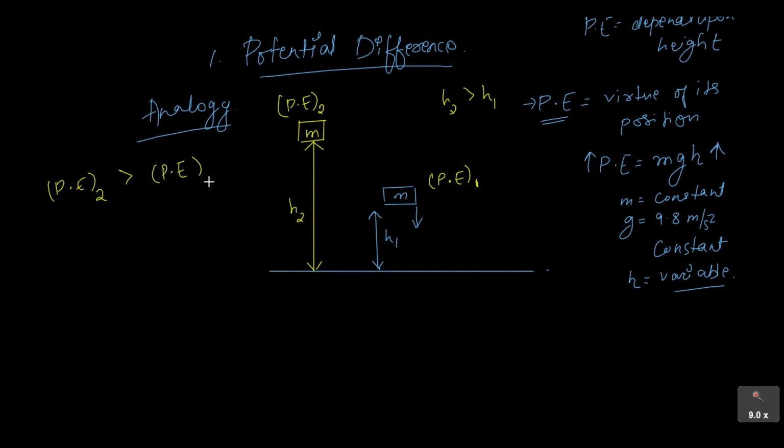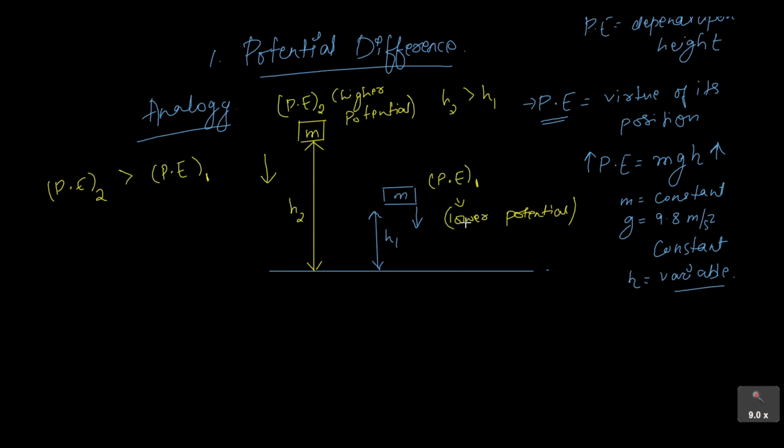Then we can say this is at higher potential, and this is at lower potential. In nature, if we leave these masses, they all fall downwards with acceleration due to gravity.